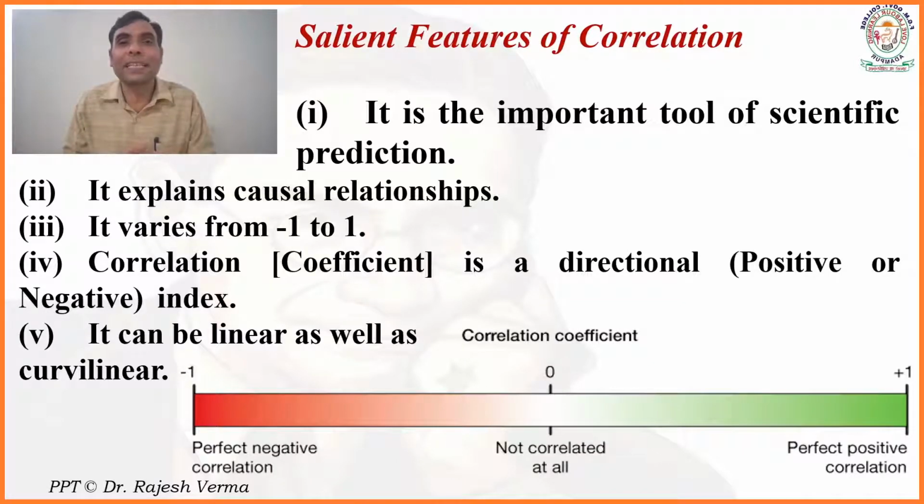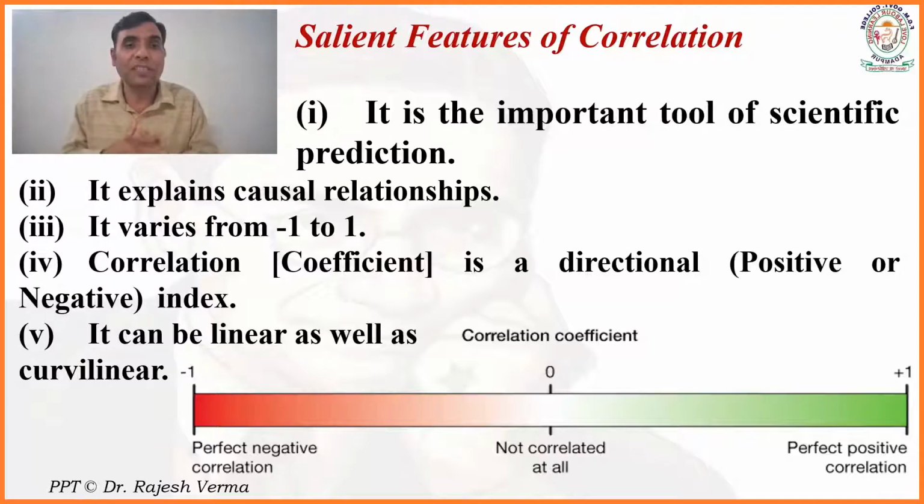While calculating the correlation coefficient, if you come up with a value that is greater than 1 or lesser than -1, certainly you have made some calculation errors. So you must remember that the value of the correlation coefficient varies from -1 to 1.